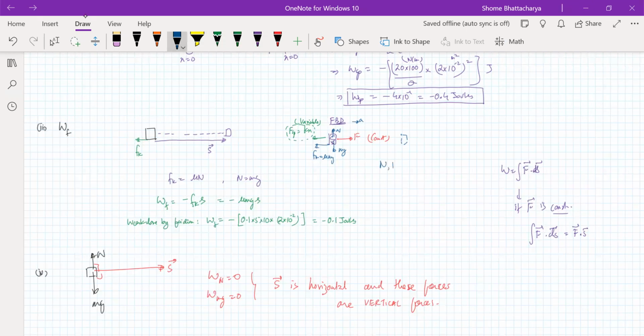So normal reaction, F, weight and friction, these are all constant forces. This is kinetic friction. Whereas the spring force, with proper sign, it is in fact minus kx. Its magnitude is kx. This is the one which is the variable force. So for this one, we have to use integration. Okay, sir, understood.